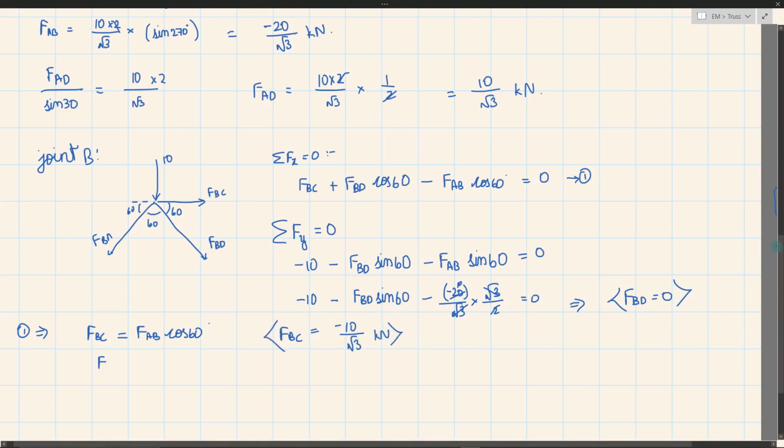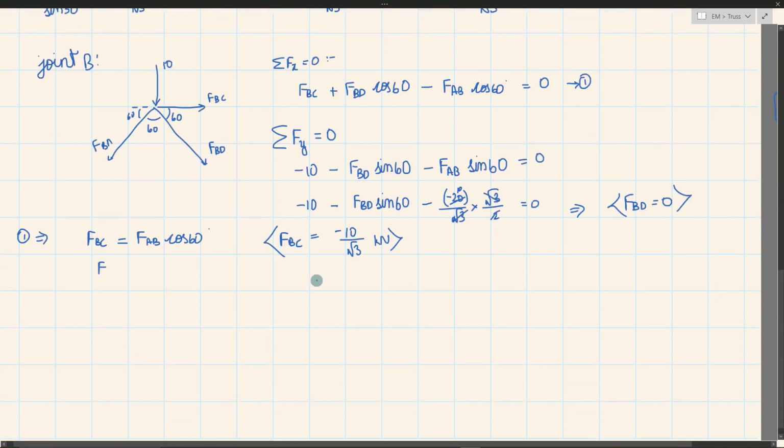Okay, so minus 10 by root 3 is nothing but minus 5.77 kilonewton.